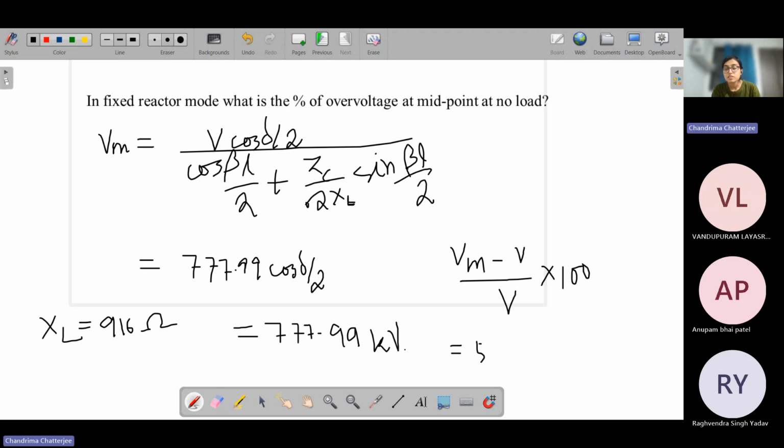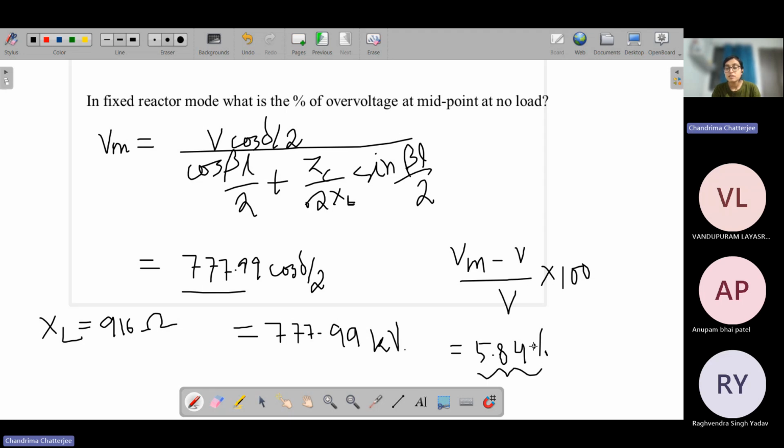Right, 5.84%. So the rated value is 735 and the midpoint voltage we are getting is 777.99. So this is the over voltage.